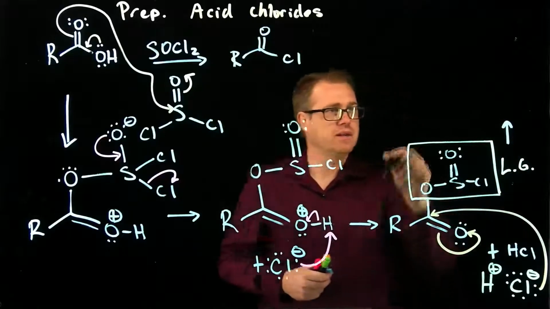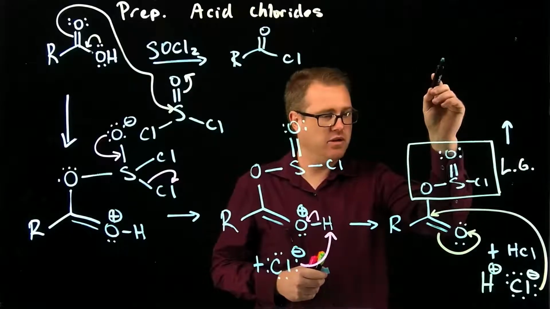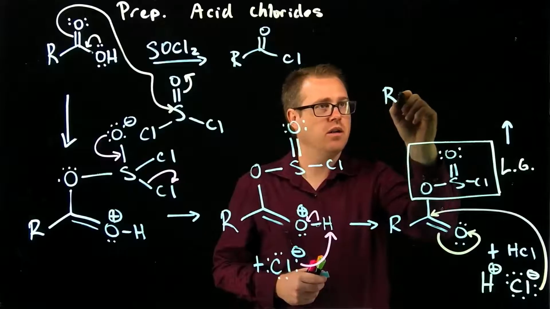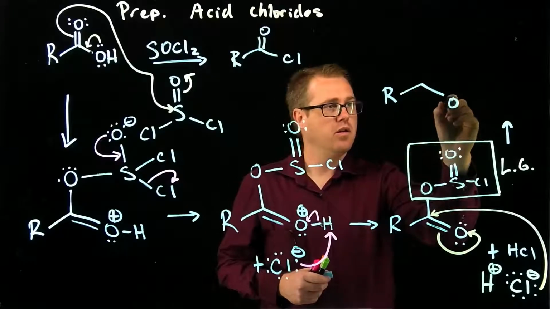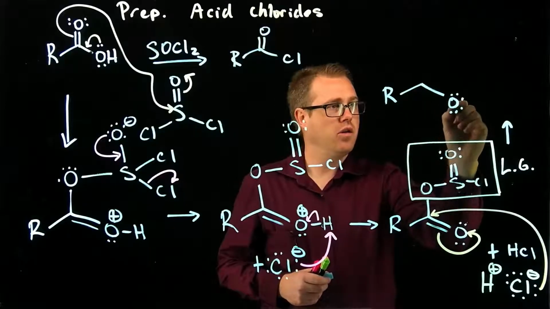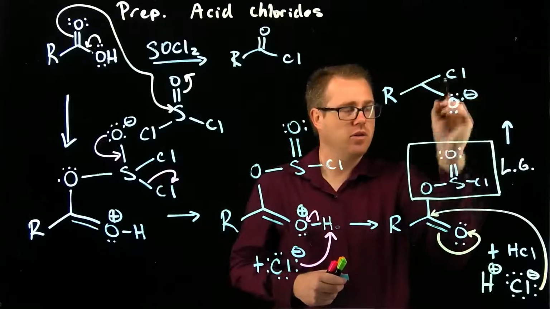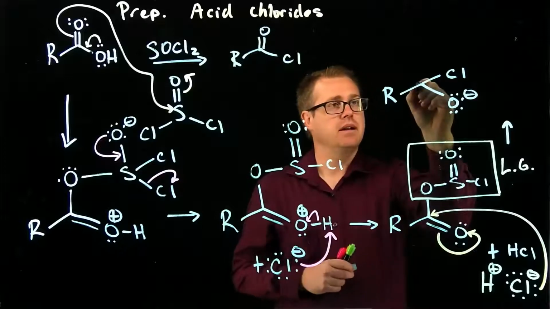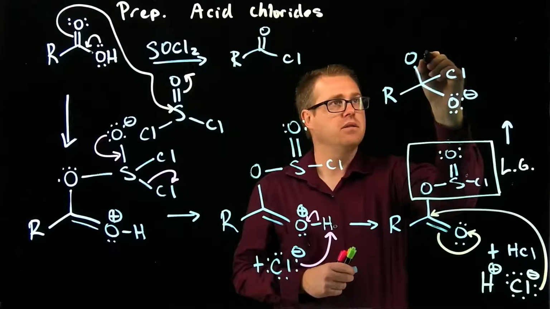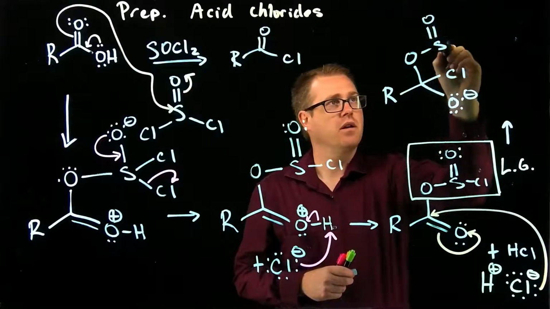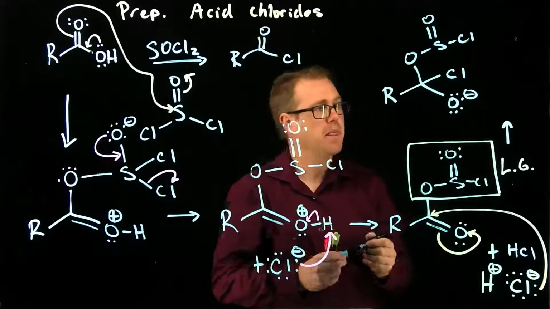Then we go up here. What's that intermediate going to look like now? It's going to be R, O minus. I just attacked with a chloride. Still have the oxygen, sulfur there.